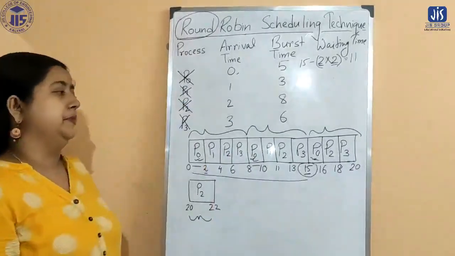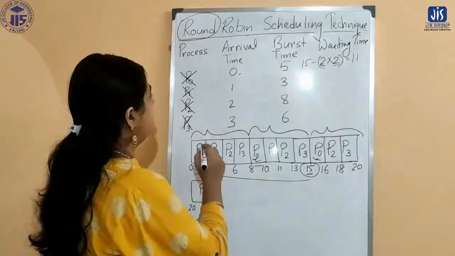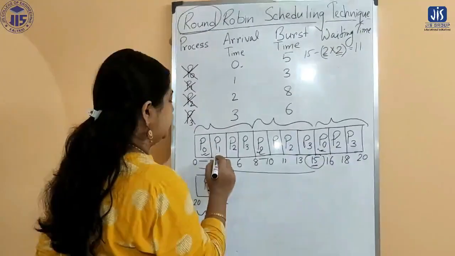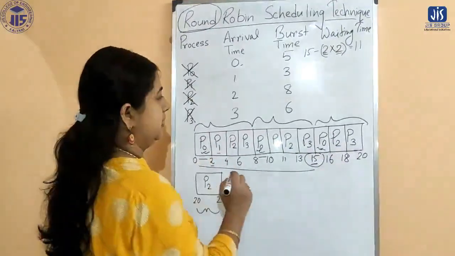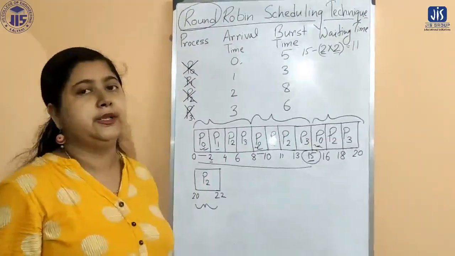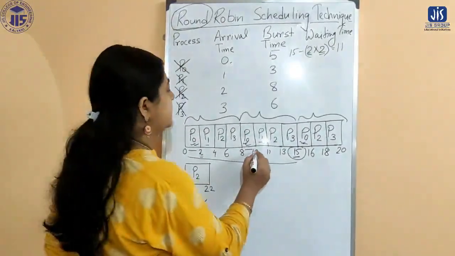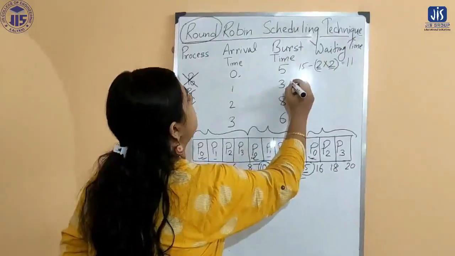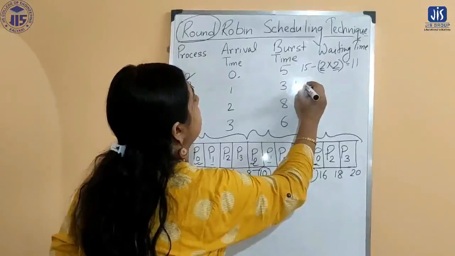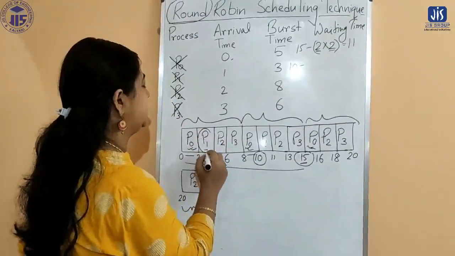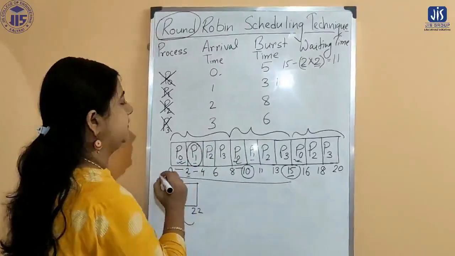Now I am going to do the calculation for P1. P1 was here and here. Only 2 times P1 was executed. So this is the last execution time for P1. So 10 minus, before that P1 was executing here, obviously for 2.